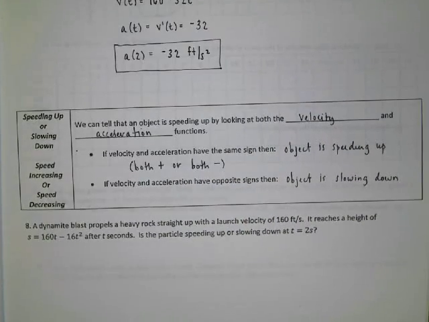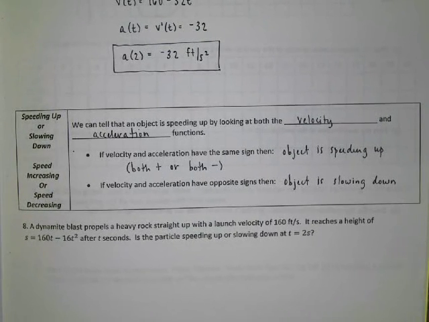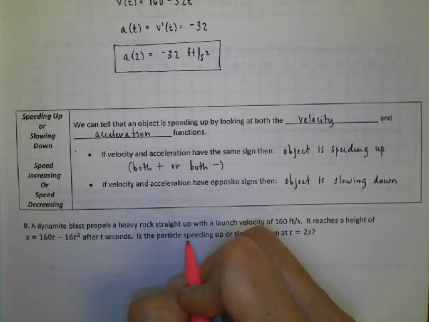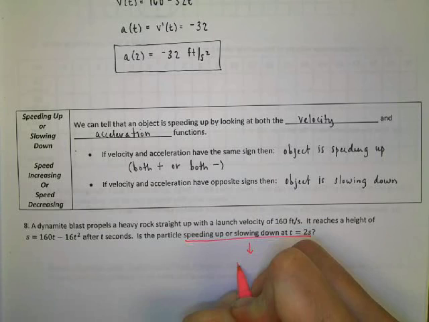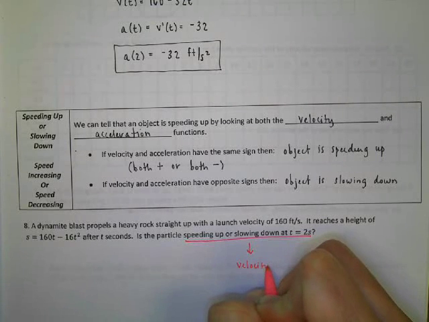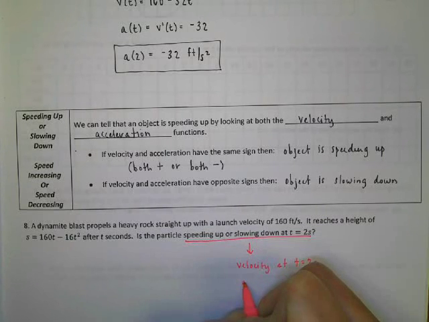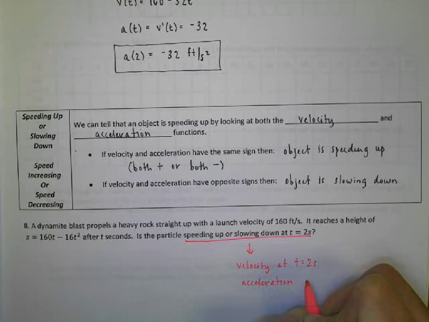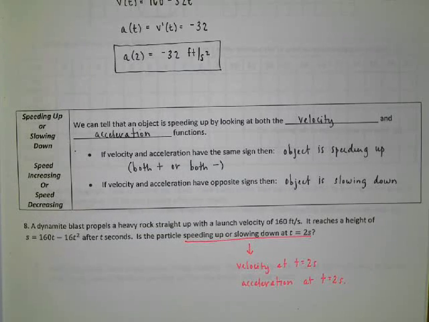So for our last question for today, the question wants to know, is the particle speeding up or slowing down at time equals 2 seconds? That means I have to compare the velocity at time t equals 2 seconds, and I have to compare the acceleration at time t equals 2 seconds.